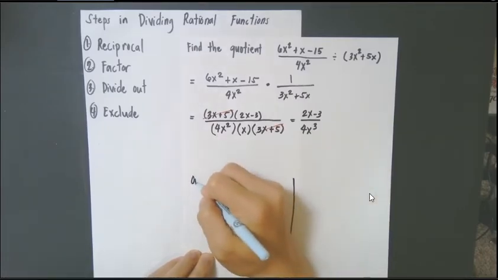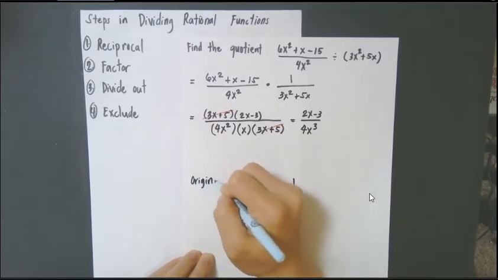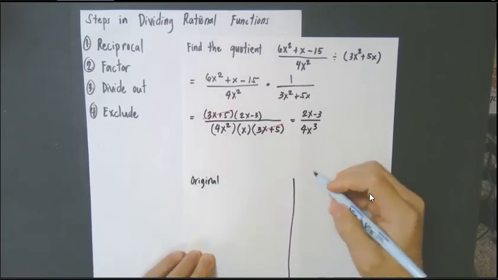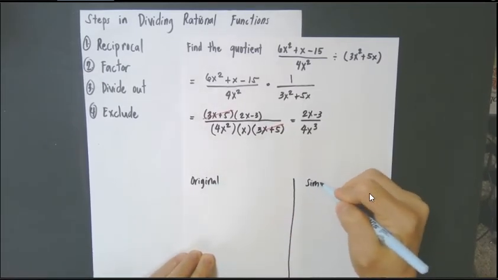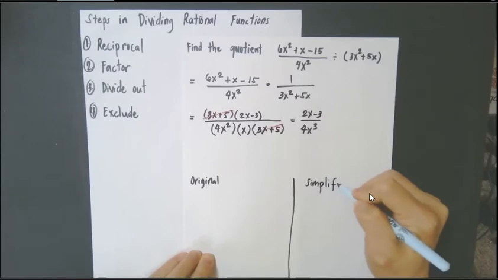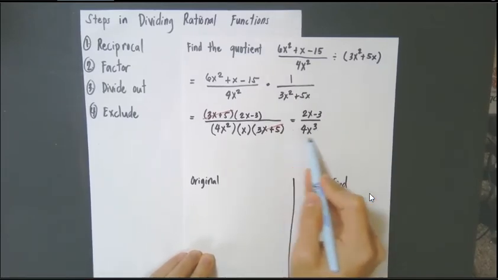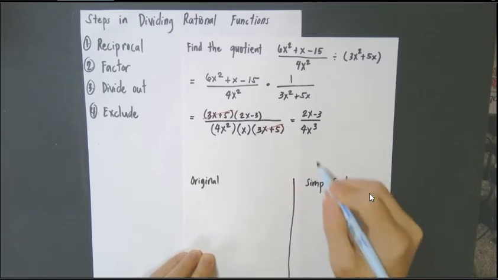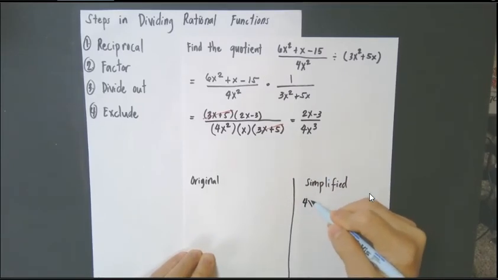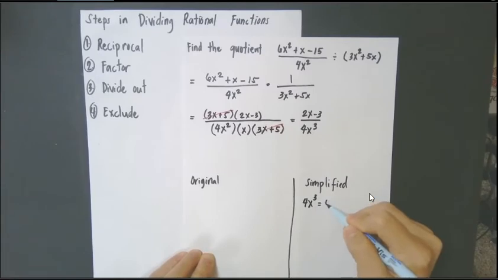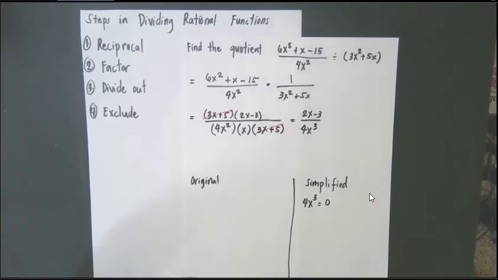So we have here the original and the simplified form. Let's start with the simplified form. Let's just get the denominator equated to 0. So that is 4x cubed equals 0. We solve for x.